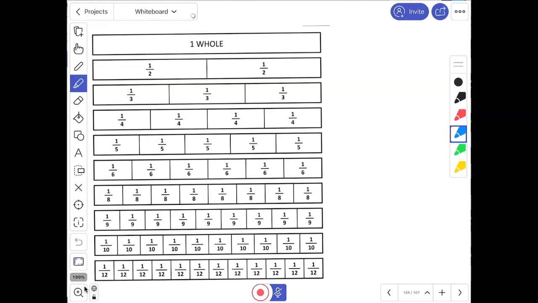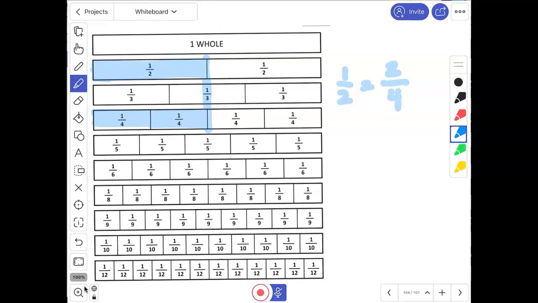Just like on the number line, anytime two fractions line up, they're equivalent. Same thing's true here. So if I have, let's say, 1/2, I can see clearly it's equivalent to 2/4. I know it is because these two lines line up. 1/2 is equivalent to 2/4.